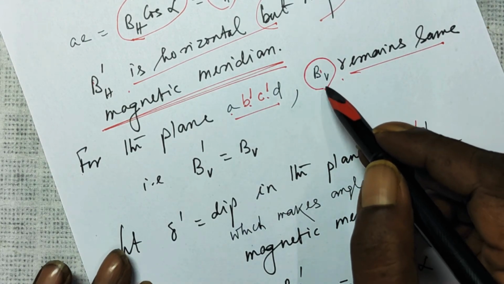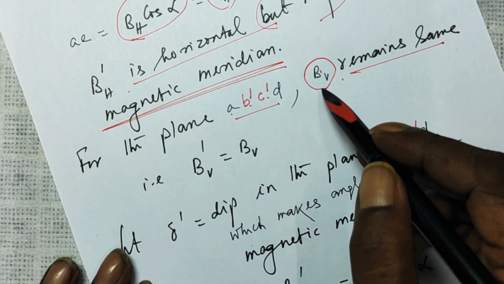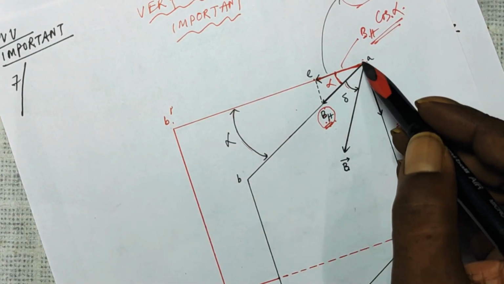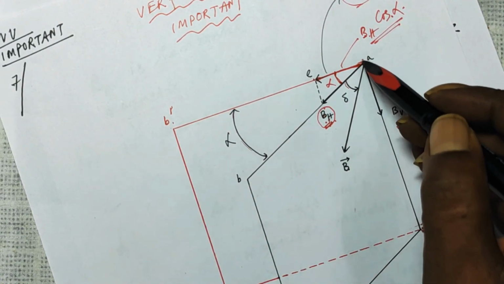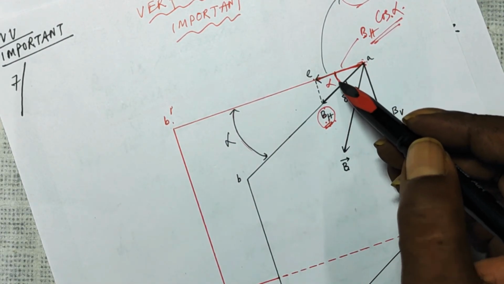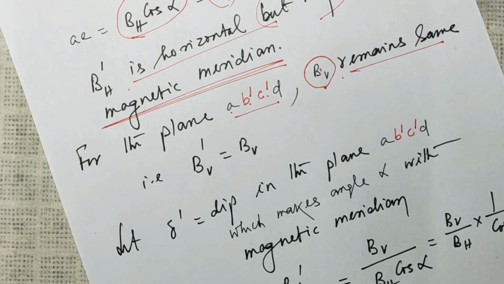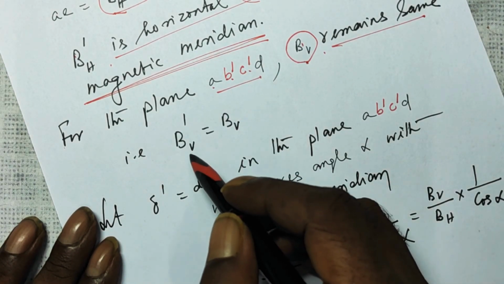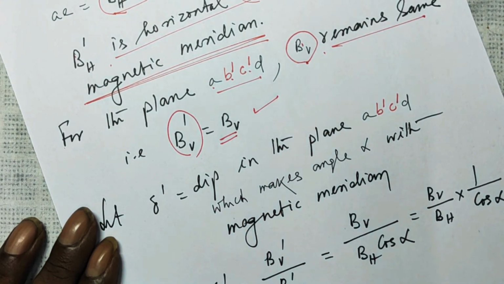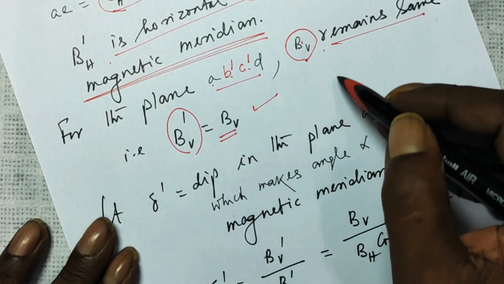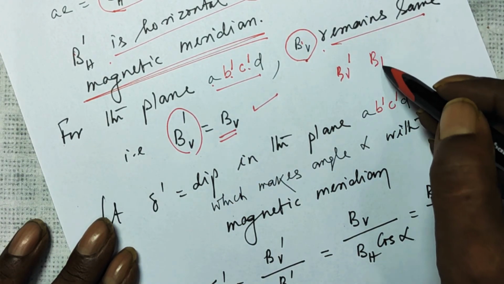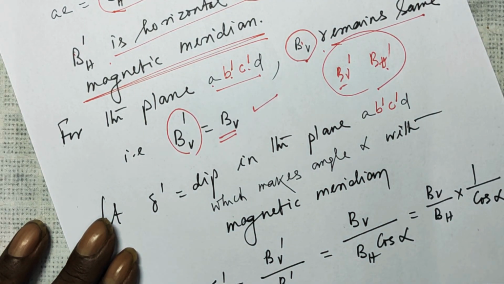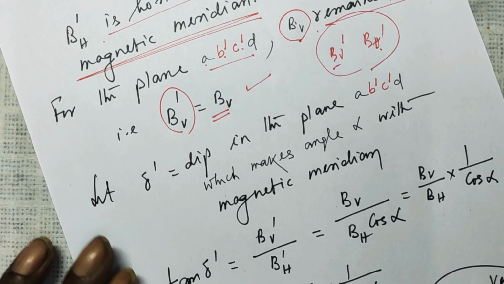BV is in the magnetic meridian and is also in this plane, which makes angle alpha with the magnetic meridian. So BV remains the same for both the planes. Let BV dash be equal to BV. So I am using BV dash and BH dash as the components of B in the plane which makes angle alpha with the magnetic meridian.